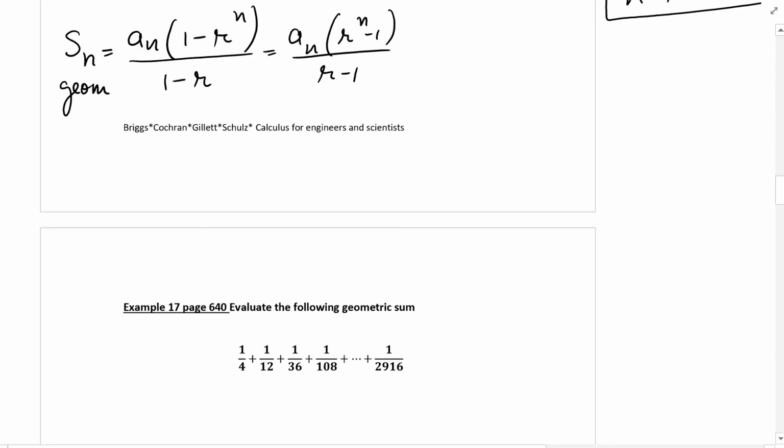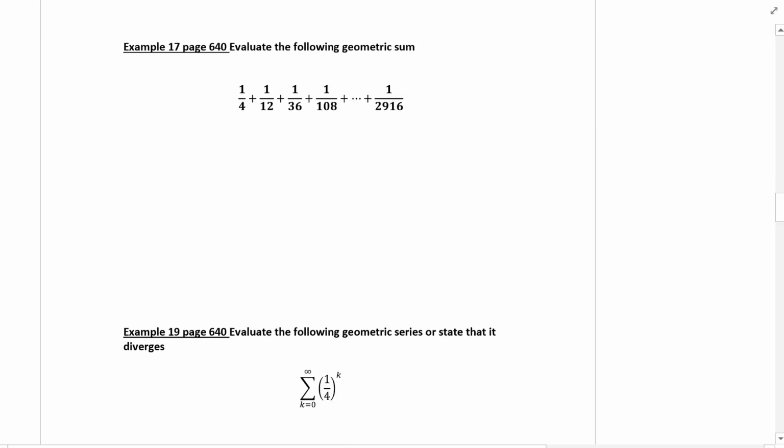Let's see another problem. Evaluate the following geometric sum. Okay, so it doesn't really look like a geometric one, right? So what I'm going to do is factor out 1 over 4 to see what happens. So I get 1 plus 1/3 plus 1/9 plus 1 over 27 plus dot dot dot plus 1 over 3 to the 7th.